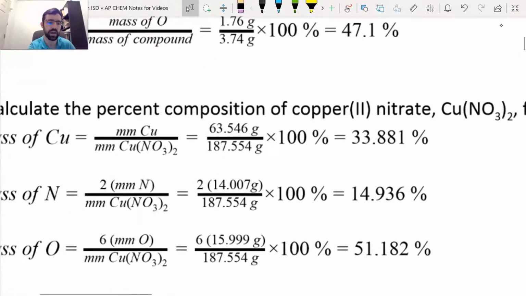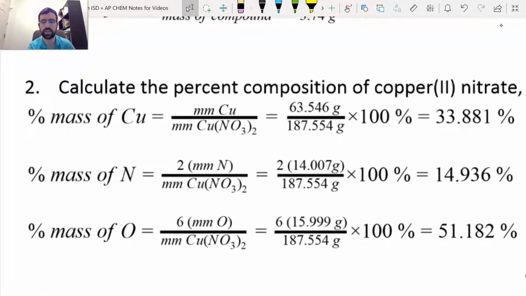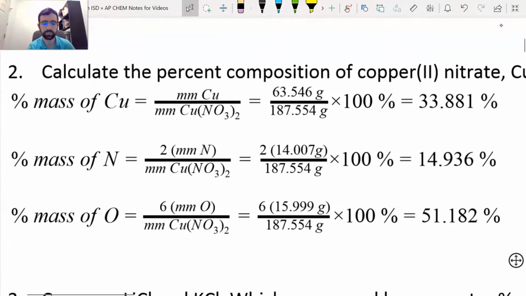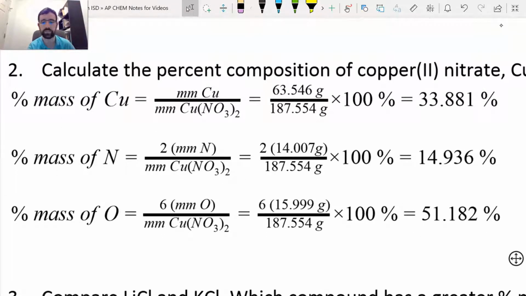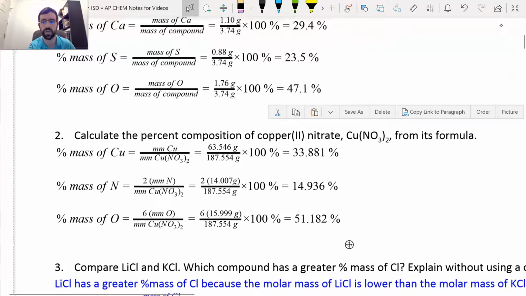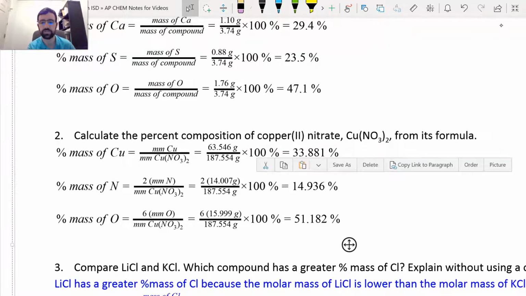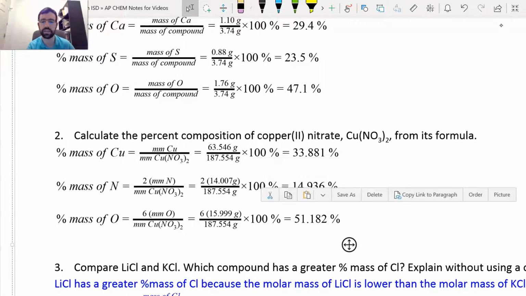And then, of course, oxygen would be 6 times the mass of oxygen, because we have 3 oxygen atoms in each nitrate, and there's 2 of those. So it's a total of 6 oxygen atoms. Again, we did that last class, so we don't really need to bog down in it.